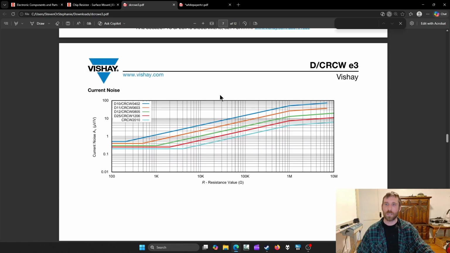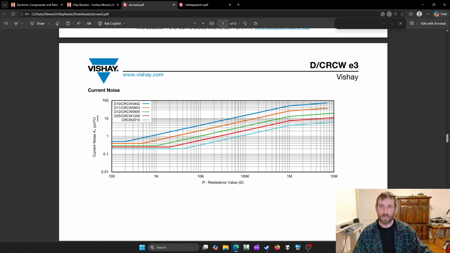Same thing here with noise. Just from a pure technical point of view, your resistors can be a noise source. So, okay, how much? Well, 10K 0603, we're at 2 microvolts per volt.